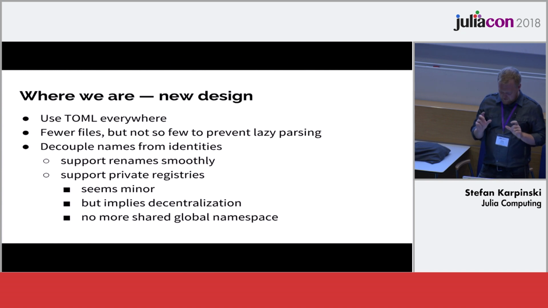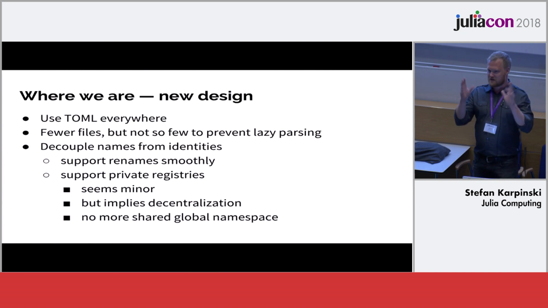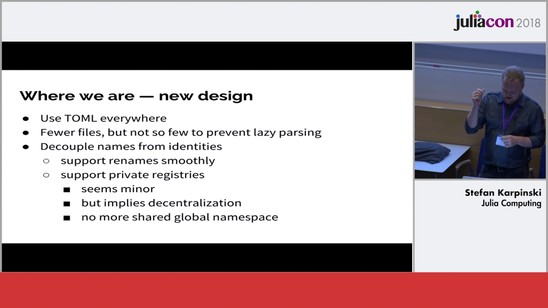So we want to do fewer files, not lots of tiny, tiny files. You don't want a URL per file, which is actually how the old package manager does things sometimes. You want fewer files, but not so few that you have to parse one enormous file in order to be able to do anything.